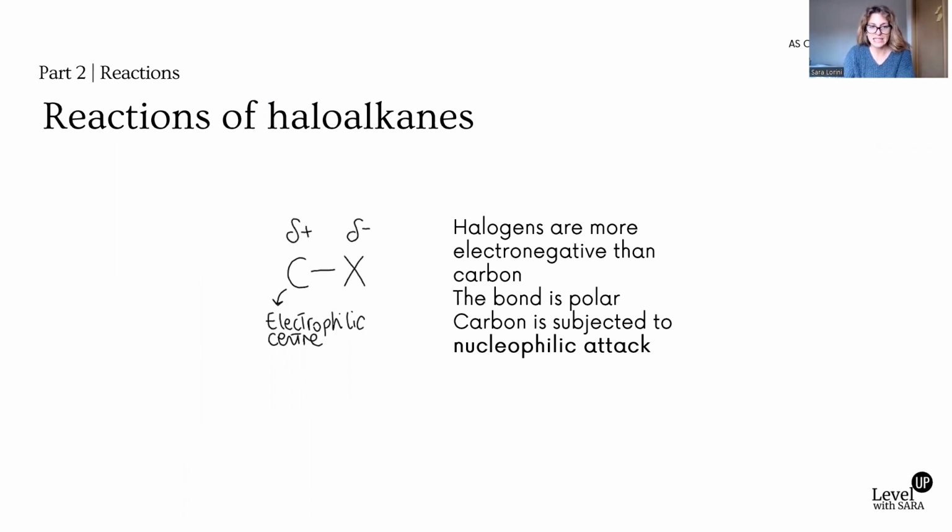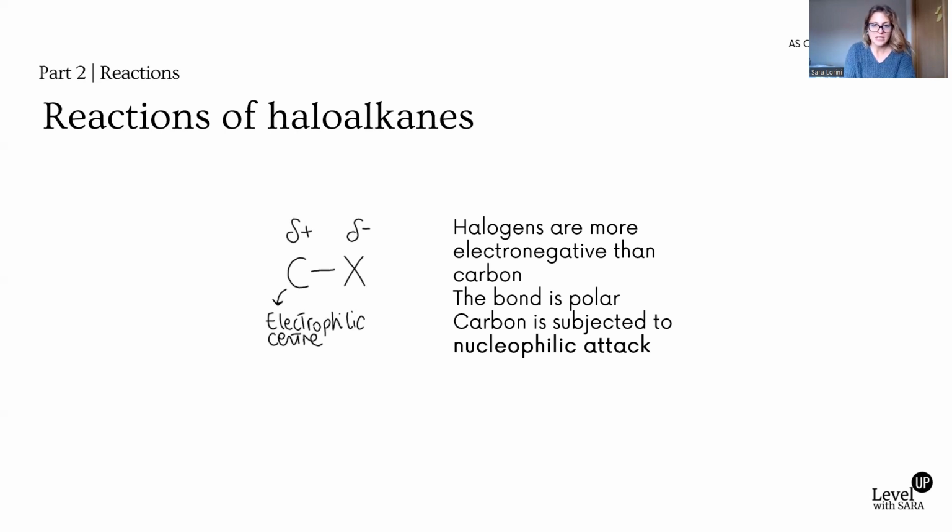A bit of general analysis. So a carbon attached to a halogen. Halogens are more electronegative than carbon, so the bond is going to be polar, which means that the carbon is subjected to a nucleophilic attack. So our carbon is always going to be this electrophilic center because it's attached to the halogen, more electronegative. So it's a permanent dipole present in this molecule.